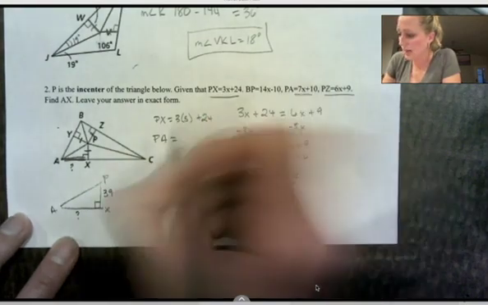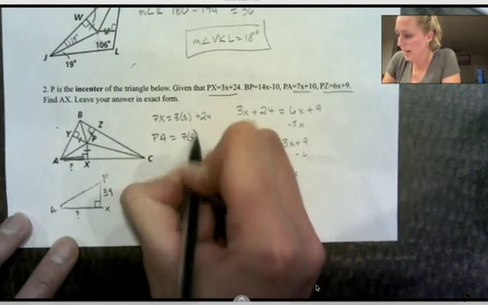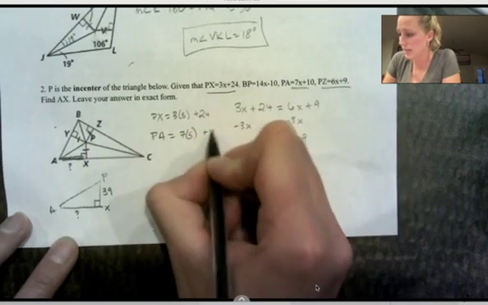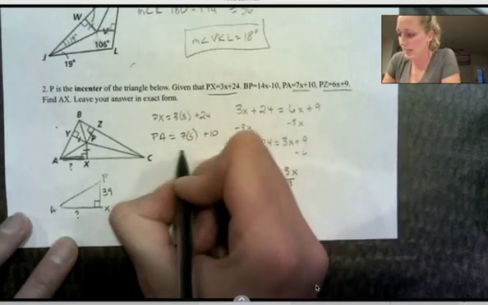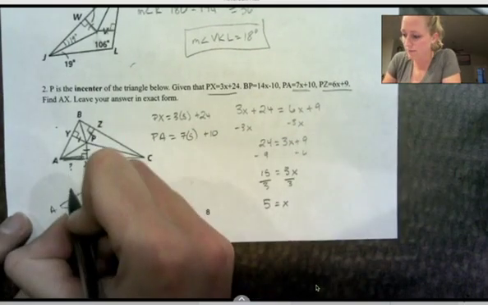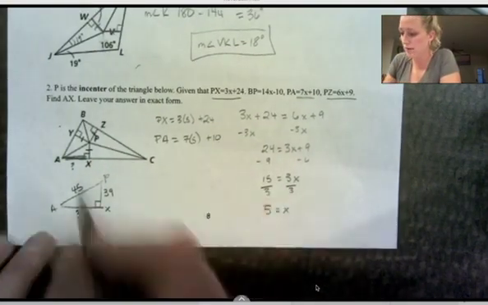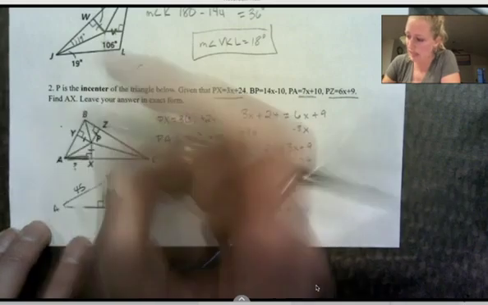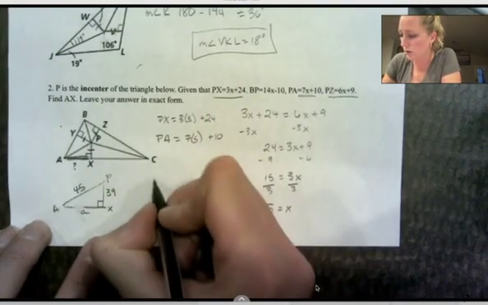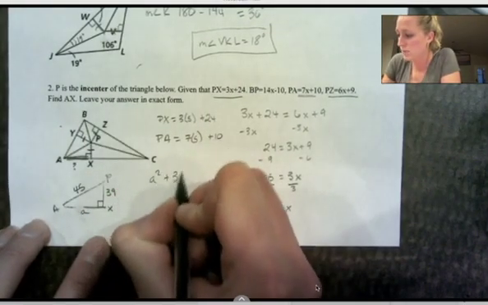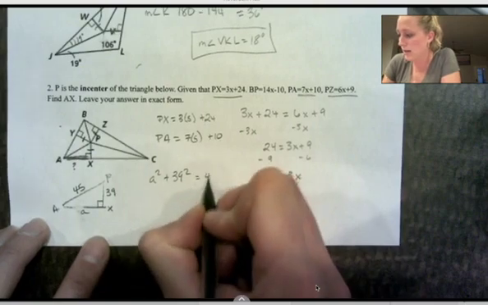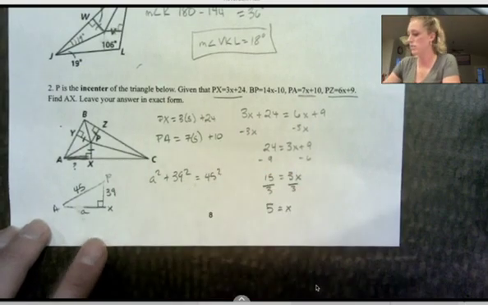So 7 times x, or 7 times 5, plus 10. So 35 plus 10 is 45. Okay, so now I can do the Pythagorean theorem. So we'll call this side little a. So I can do a squared plus b squared equals c squared. And I'm making sure I'm putting 45 in for c.